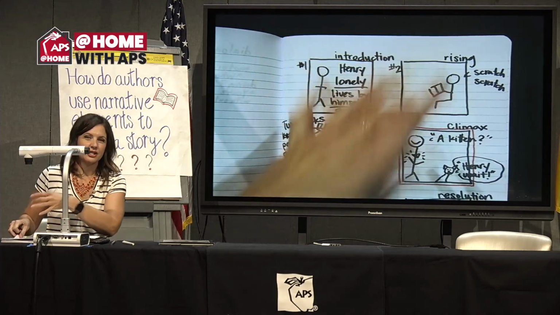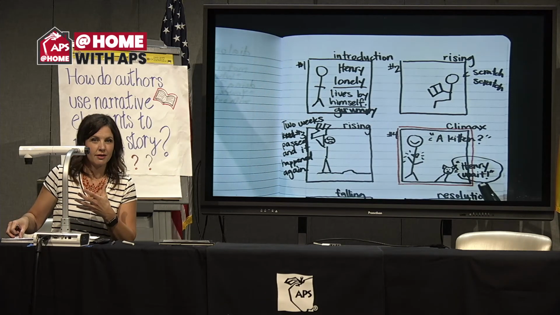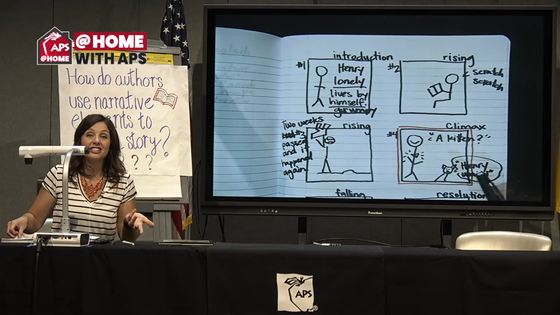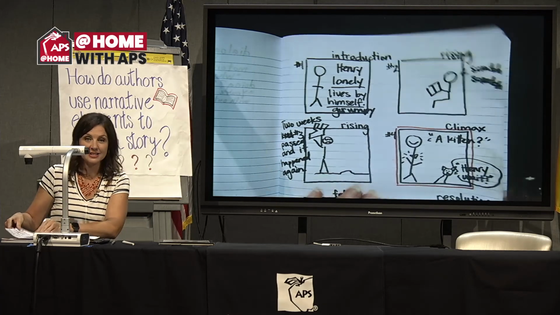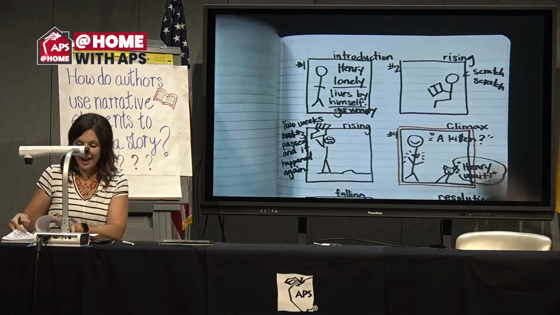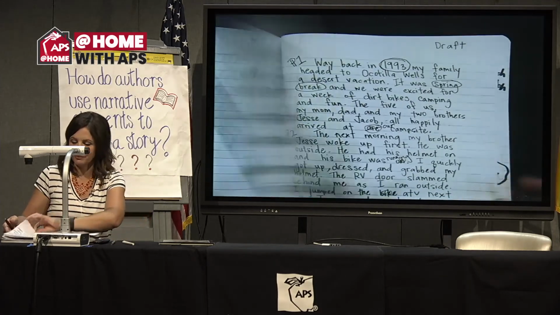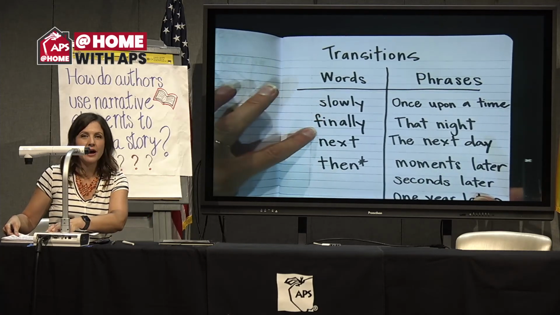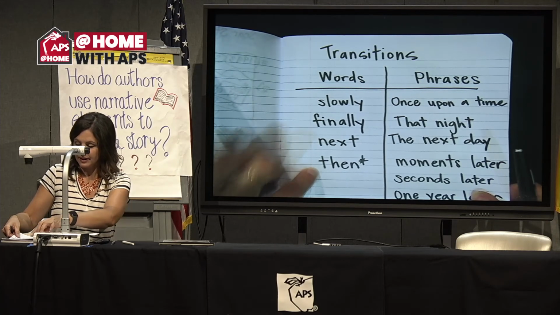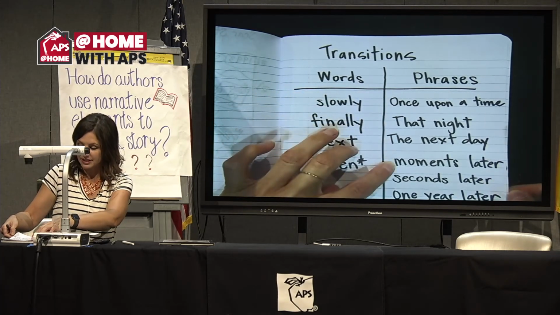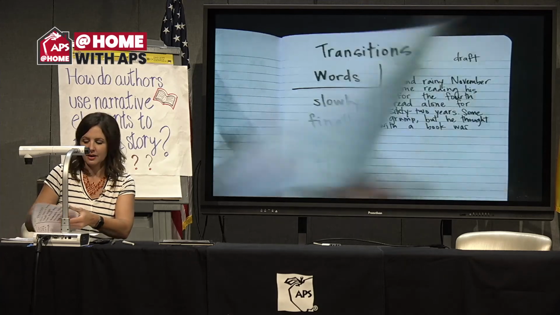If I want to transition to my scene 2, remember I just need to add a passage of time. I have that from my notes over here. Slowly, finally, next, then, that night, the next day, moments later, seconds later.